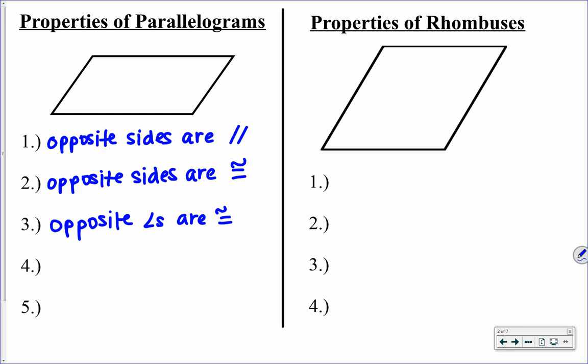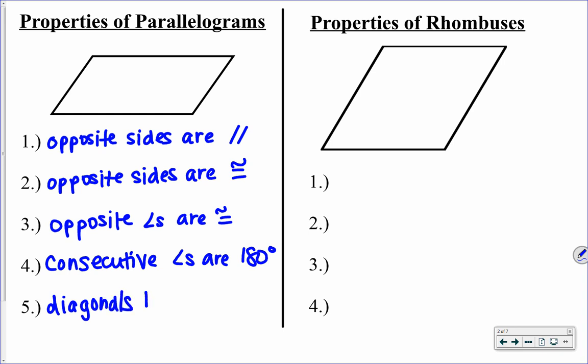We also learned that consecutive angles are supplementary, or add up to be 180 degrees. And our last one is we learned that diagonals bisect each other.